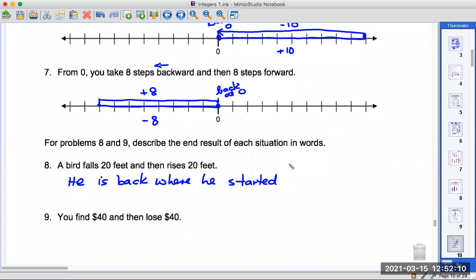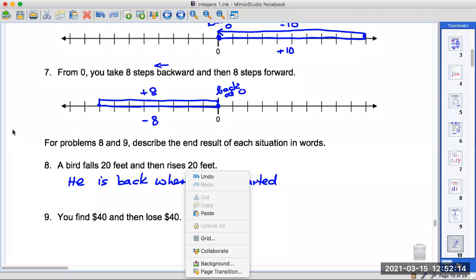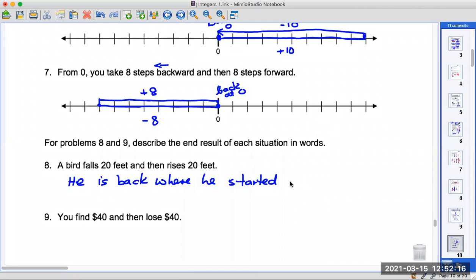Or some type of bird that flew about 20 feet. And then he comes back up and he's back at 0. He is back where he started. Nothing changed. We're not going to mention the 0 because we have to use our imagination where he would go if he falls further than the ground. But that's about the only idea I have.